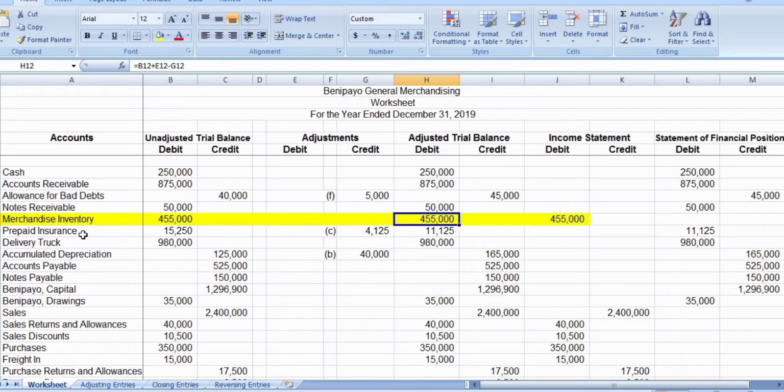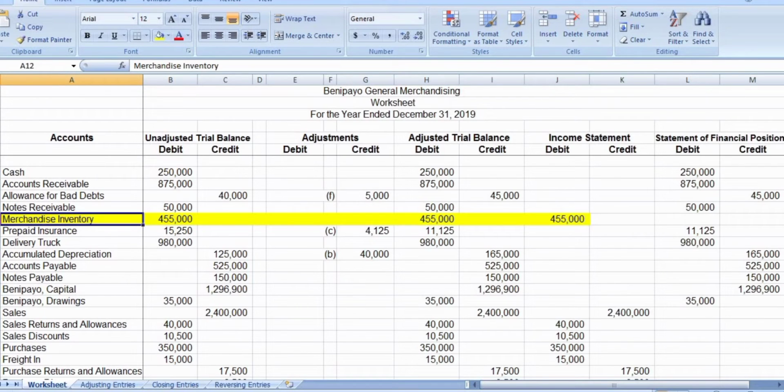No. What appears in the statement of financial position is the merchandise inventory end, not merchandise inventory beginning. Merchandise inventory beginning is part of the computation of the cost of goods sold or cost of sales. Remember, merchandise inventory beginning, add net purchases to get the cost of goods available for sale.